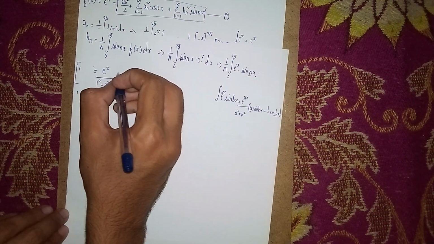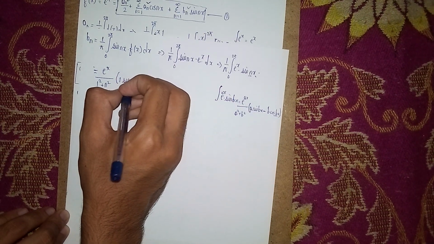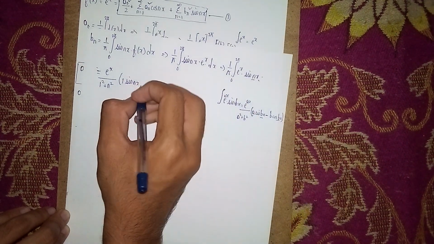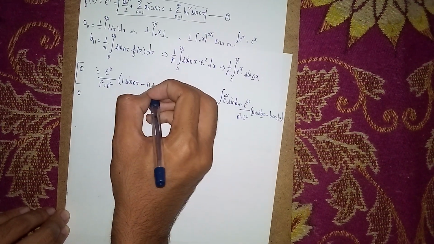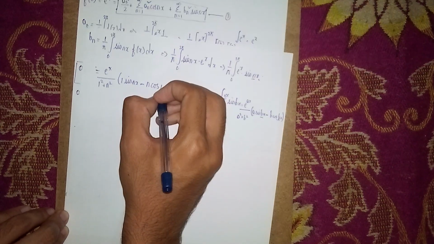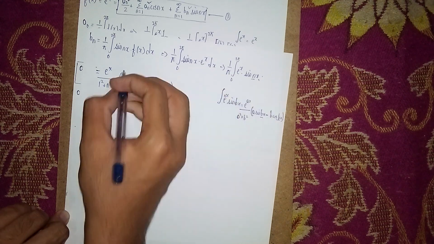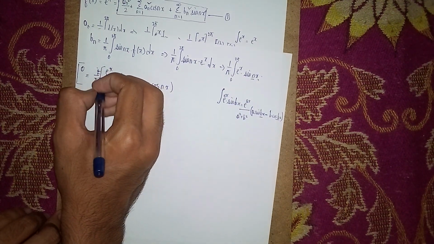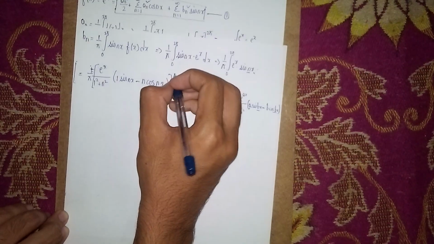Then bracket: a is 1, sine nx, b is n, then minus b which is n into cos nx. Here also 1 by pi outside according to the formula, limits 0 to 2 pi.